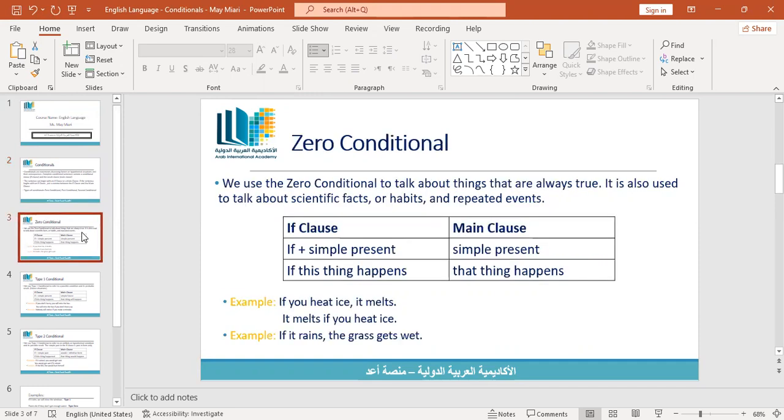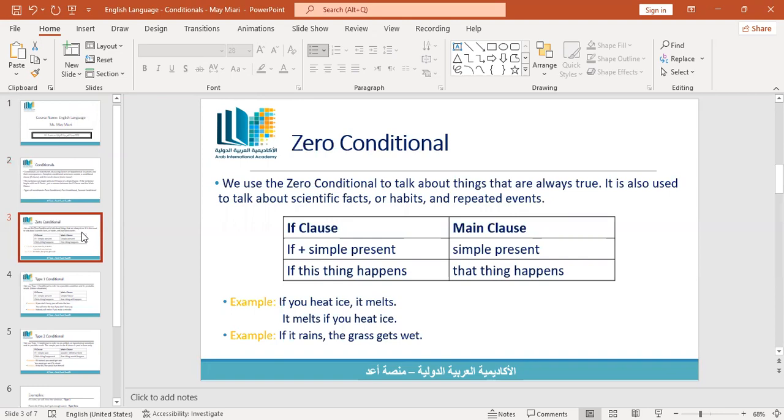For the zero conditional, we use this type of conditionals in order to talk about things that are always true. It's also used to talk about scientific facts or habits and repeated events. As I said, the clauses can be switched.